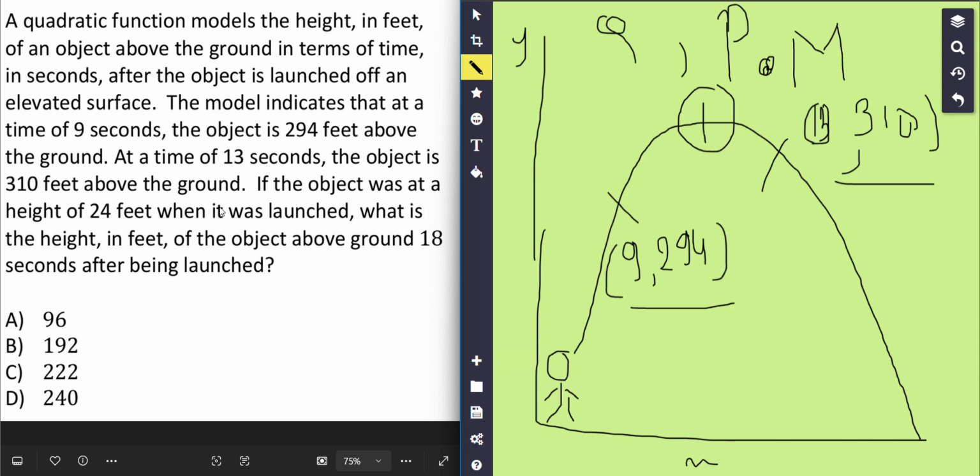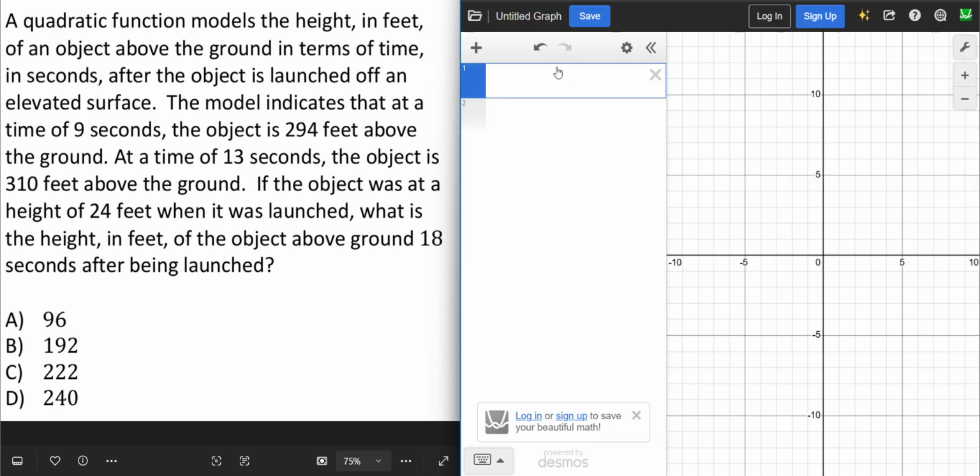This question says that when the person threw this stone, the projectile motion given here is from a stone, it launched from a height of 24 feet, meaning when the person was throwing it, it was at a height of 24 feet. So at time 0, the function is 24. With the help of these three coordinates, we can easily find the parabolic or quadratic equation.